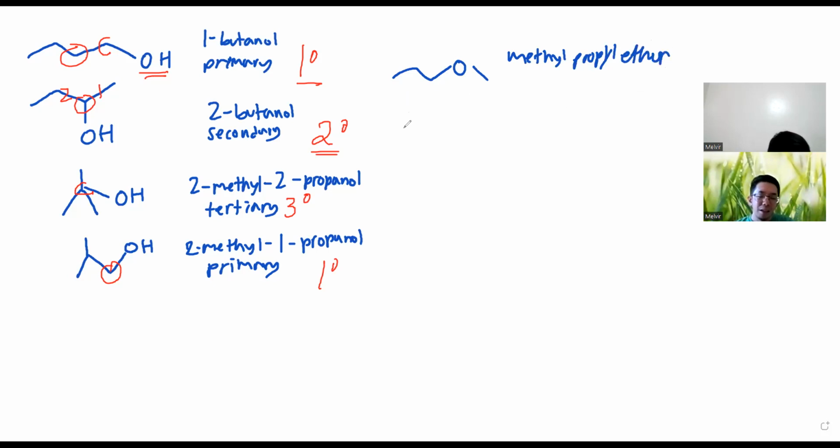Okay. Methoxypropane. Pag IUPAC na yan, Josh, methoxypropane yan. So like methoxy, propane. Yes, good. Tama. Methoxypropane.